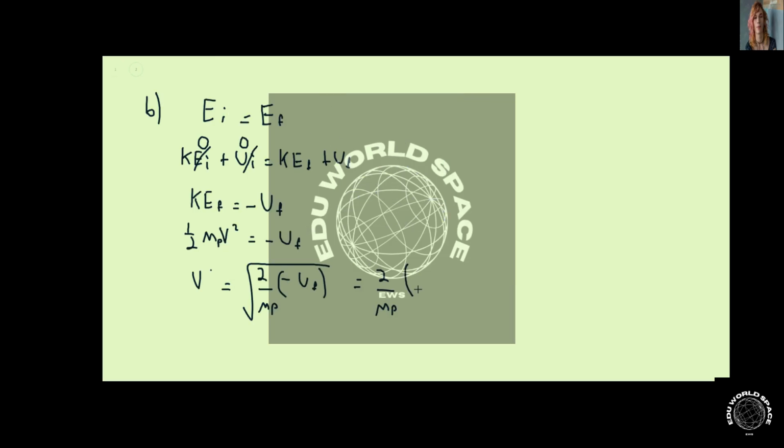Starting with the 2 kilogram mass, first we'll have the gravitational constant times mass P. This whole thing has a negative sign, but because of the negative sign here, it ends up being positive.